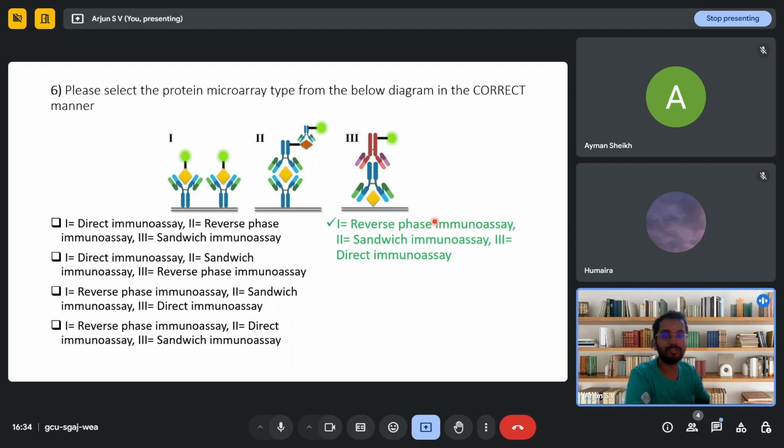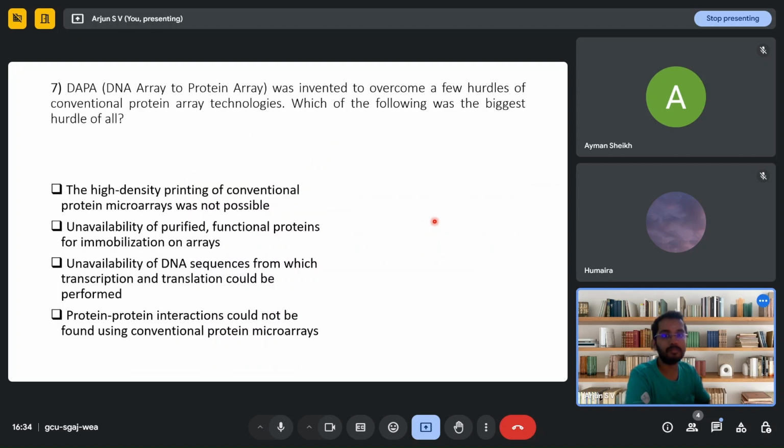So the correct option is option number 3, C. And the seventh question, the main hurdle that DAPA, that is DNA array to protein array, overcame was the unavailability of purified functional proteins for immobilization on arrays.